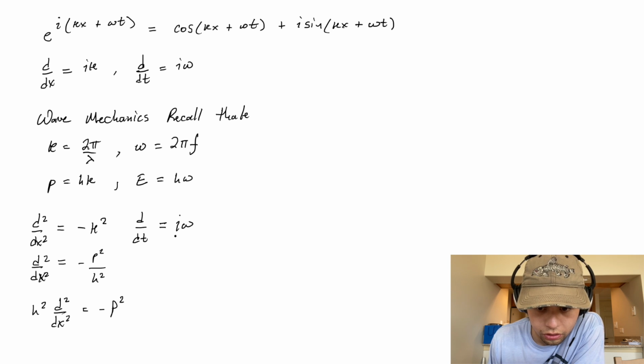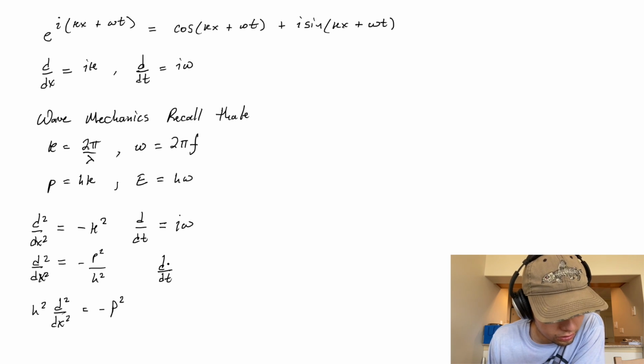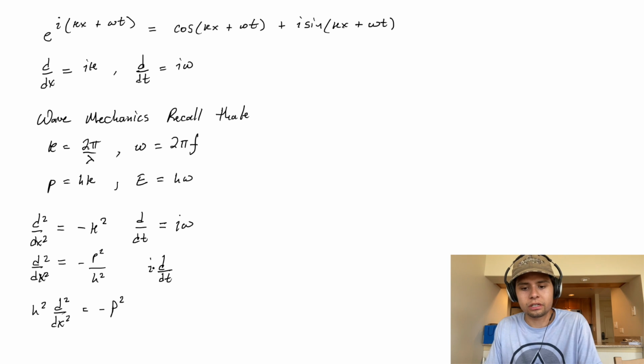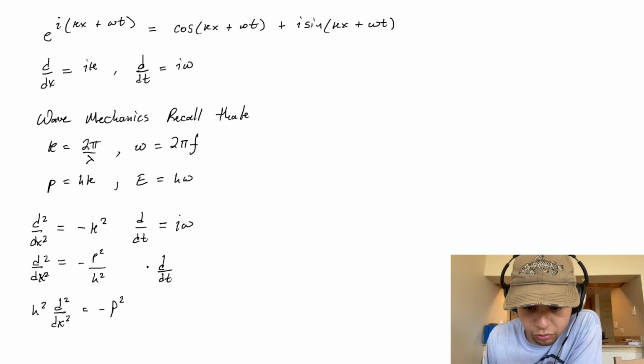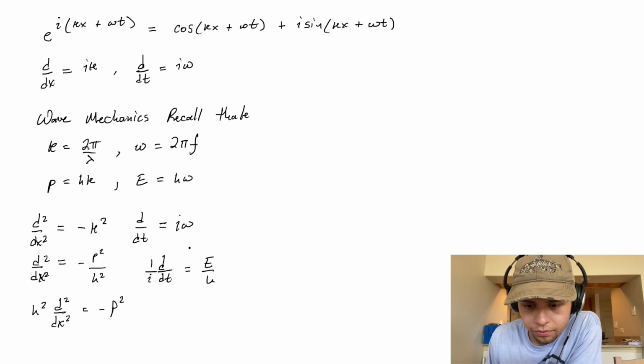And we can do this here, d/dt: if we multiply both sides, or divide both sides by i, then 1 over i d/dt is equal to omega, and omega is E over h bar.